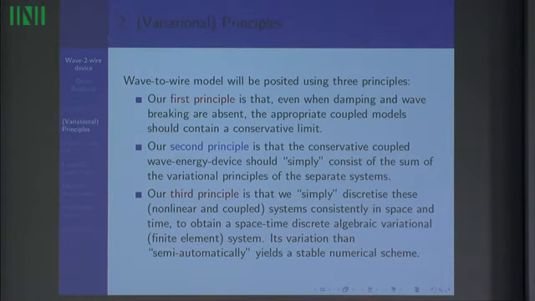And I'm going to use 3 principles, not yet variational principles. The first thing is that when damping and wave breaking are absent, the appropriate models, coupled models in this case, should be conservative. So if I don't have the electric resistance, I ignore viscosity because the waves are fairly fast, then it has a conservative limit.